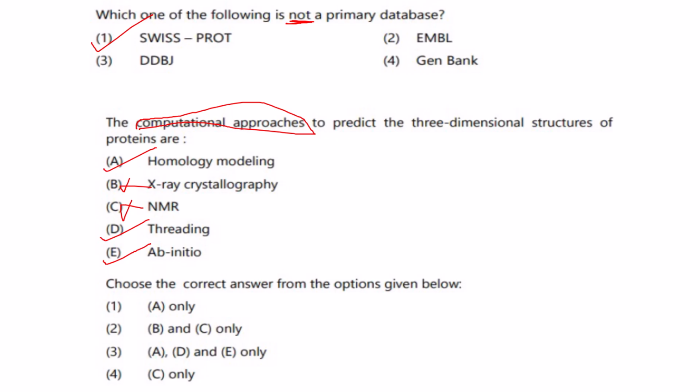All this information you can get from the ab initio method. So that makes A, D, E as the answer, and your option is 3.